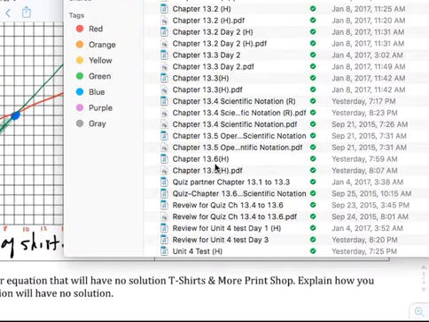Because the graph is lower, which means it's cheaper. Okay? Because the graph is lower.